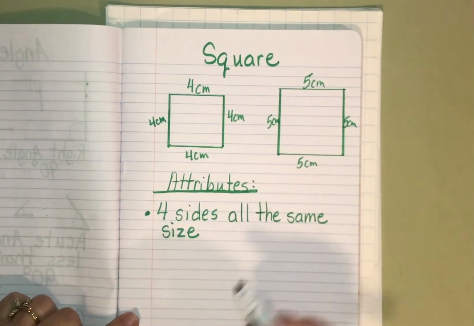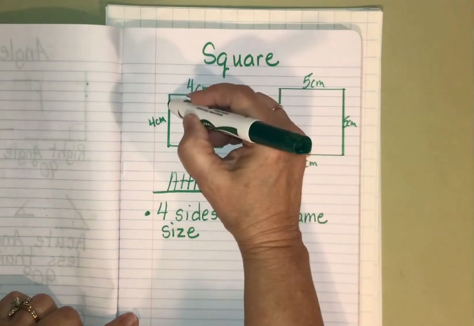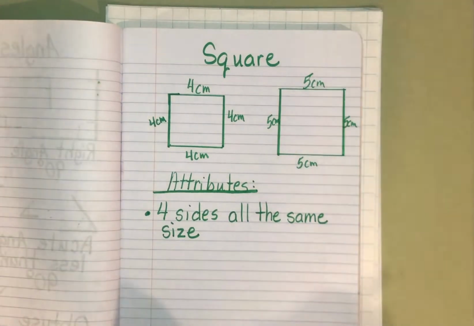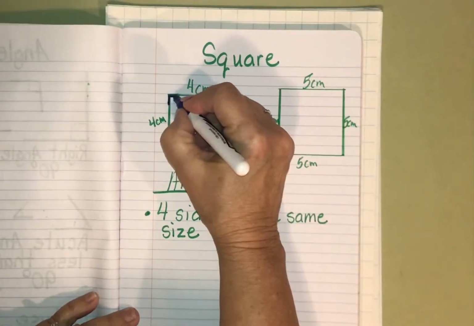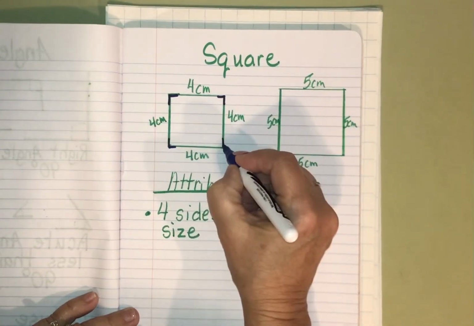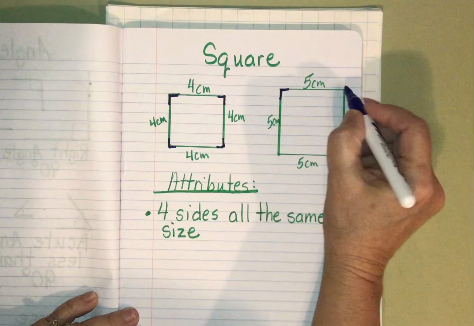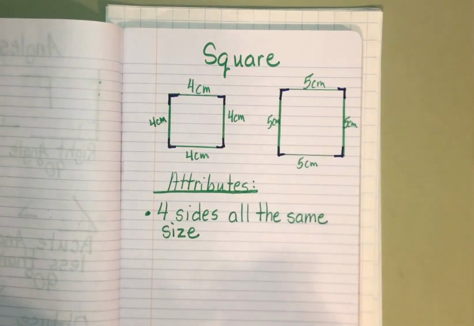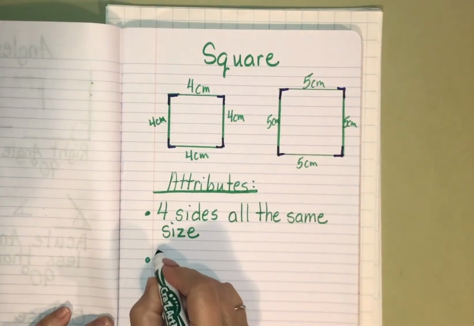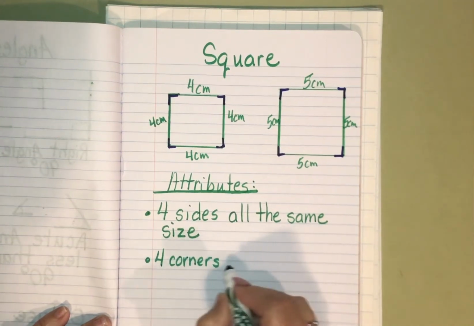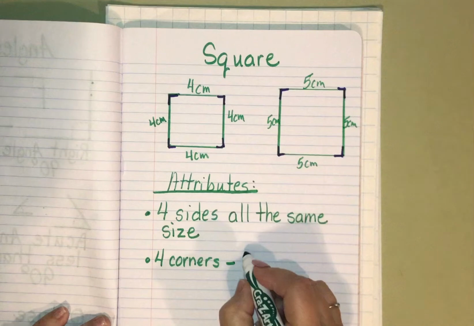All right, another thing that we notice, just like the rectangle, this one also has 4 corners. I'm going to get a different marker to highlight those 4 corners. Okay, and not only are they 4 corners, but what angle are those 4 corners? So we say that there are 4 corners, or in math, the term that we use is 4 right angles.